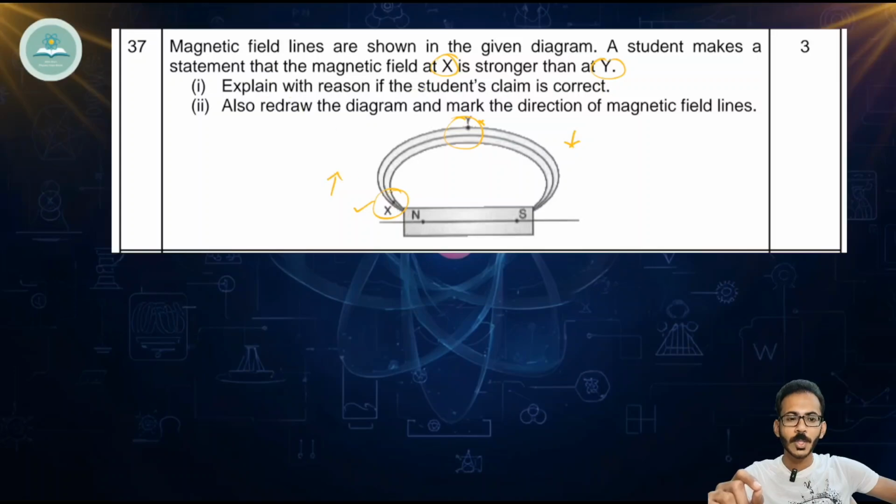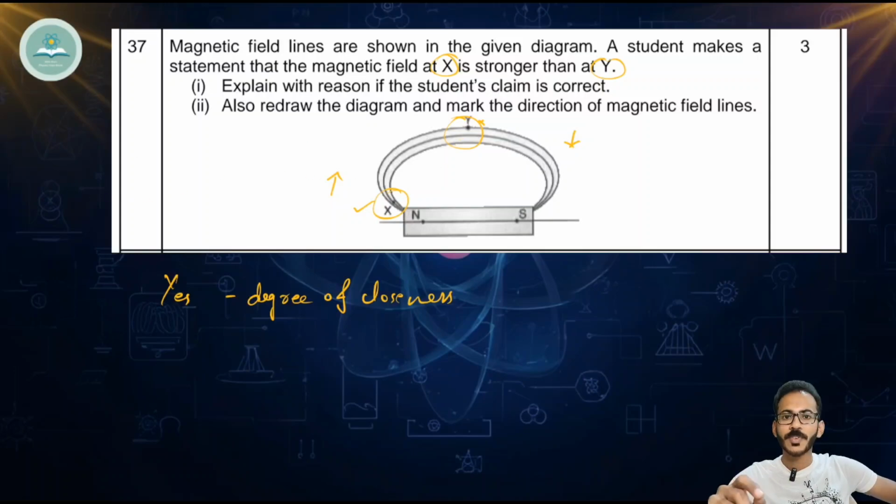Yes, whatever the student told is correct, because the magnetic field strength is determined by the degree of closeness of magnetic field lines. So since in the X part the field lines are closer, the magnetic field strength will be higher. Here they are far away, so the field strength will be less.